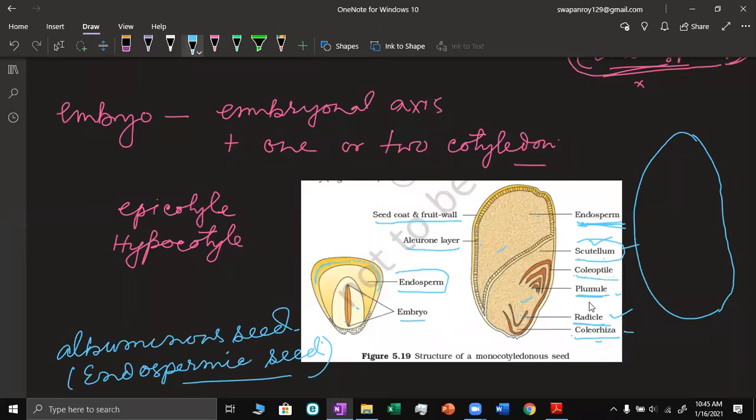So coleoptile and coleorhiza. You should be very careful about which one is coleorhiza and which one is coleoptile.